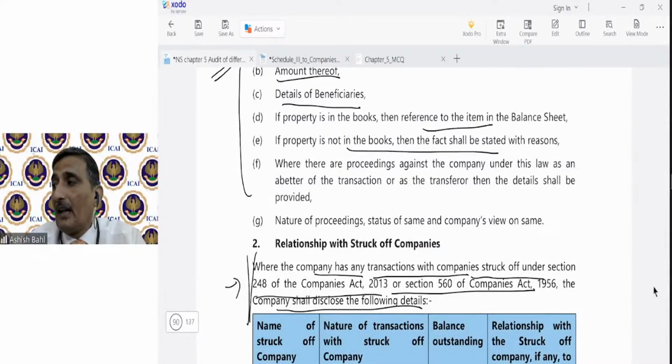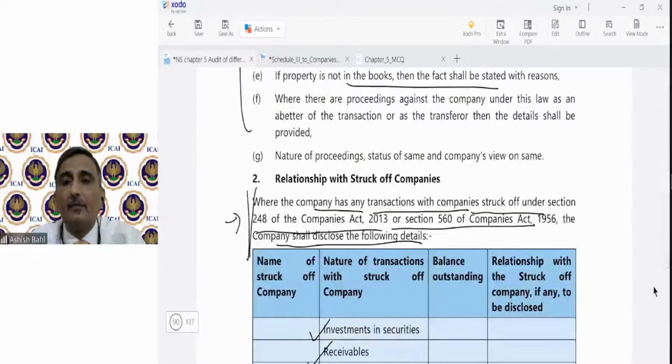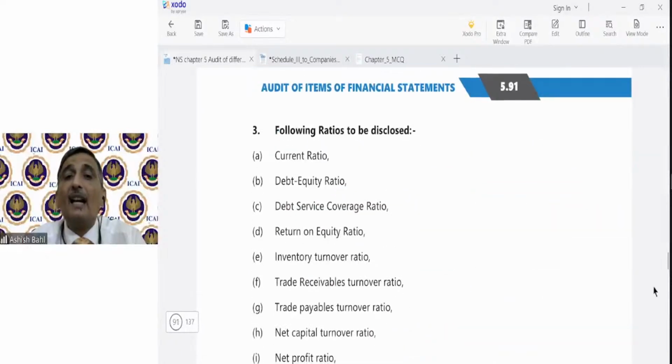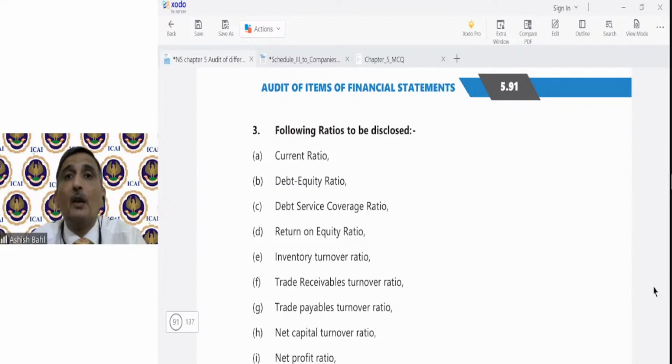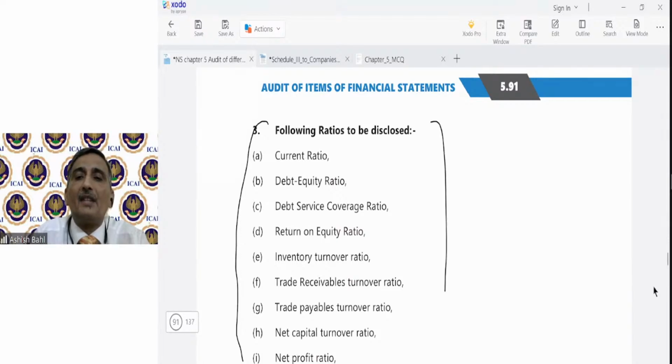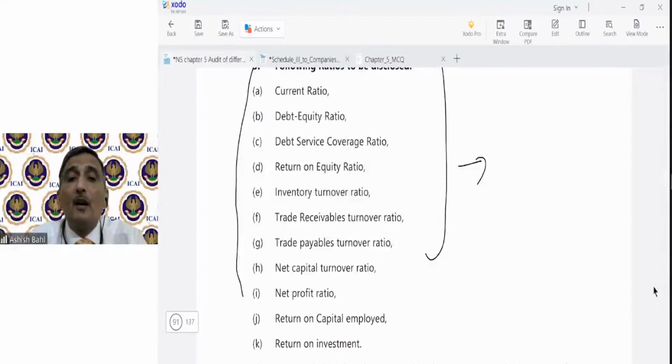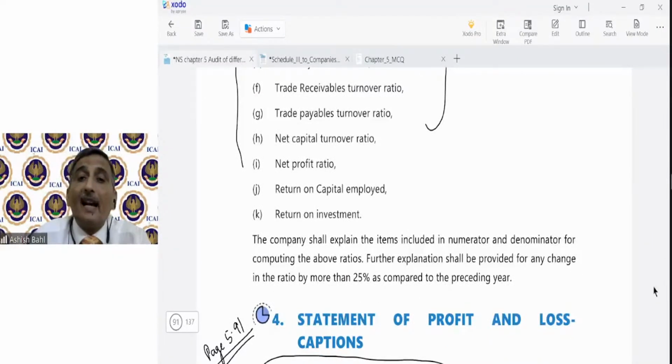Yes, Priyanka Pandey, without name properties are illegal. Yes. And following ratios are to be disclosed. Now this is also a new requirement, guys, mandated by Companies Act, mandated by Schedule 3, inserted by the last amendments. So these ratios have to be calculated and shown in the financial statements. And important thing which you have to remember, these are the financial ratios which have to be disclosed. This line is very important.